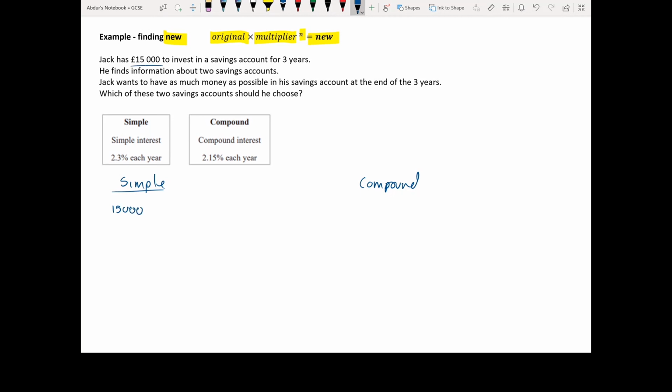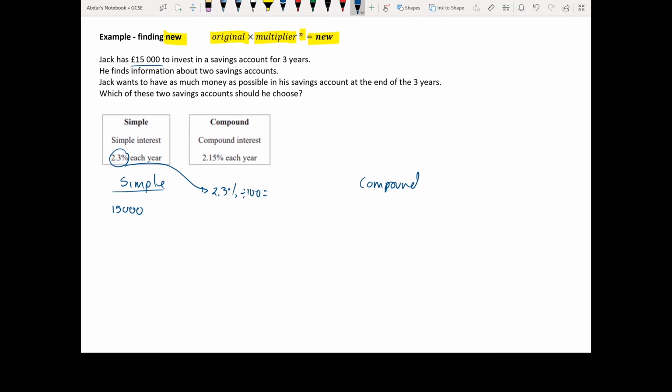If we want to increase this by 2.3% each year, we're essentially finding out what 2.3% of 15,000 is. To find 2.3% of this amount, we can times it by the decimal multiplier. So 2.3% is equal to 0.023, and that's by dividing 2.3% by 100, which turns it into a decimal.